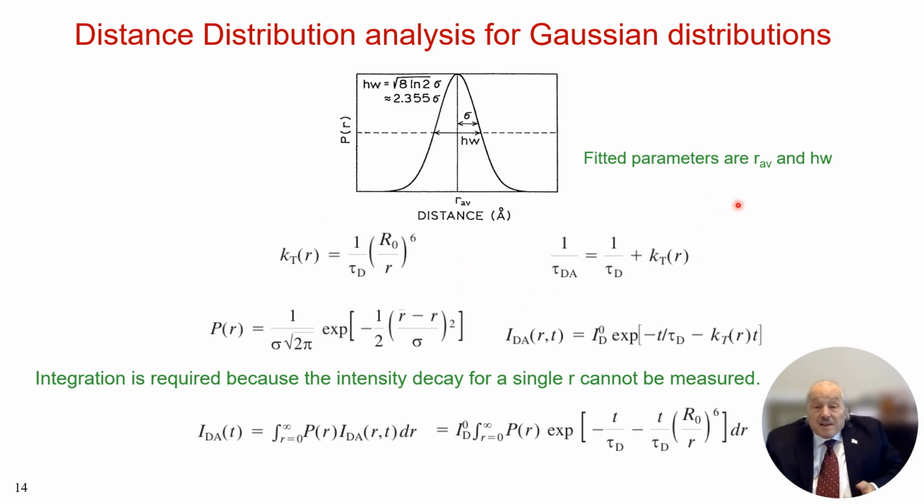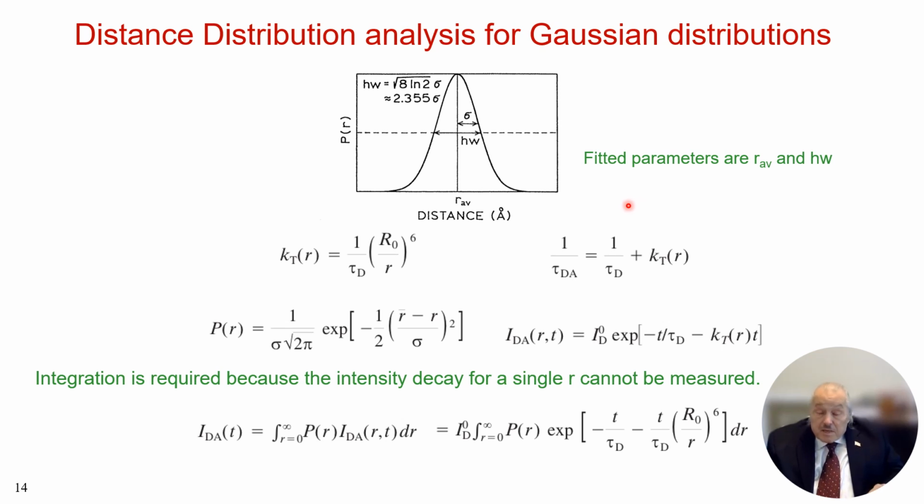Now this looks crazy, but I'll try and explain it to you so you don't have to try to understand every equation. When we're doing our modeling for a distance distribution, we have to assume some shape for each peak in the distance distribution.